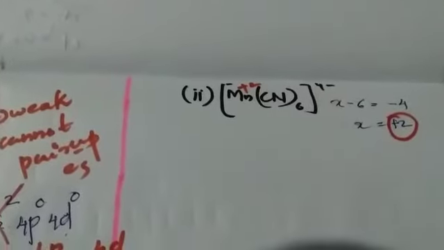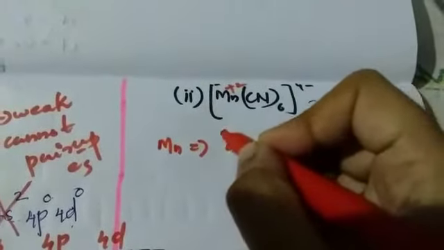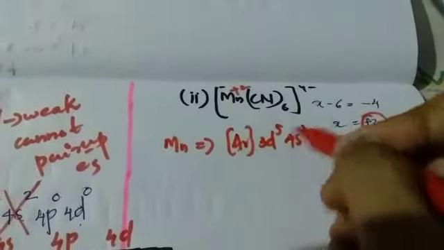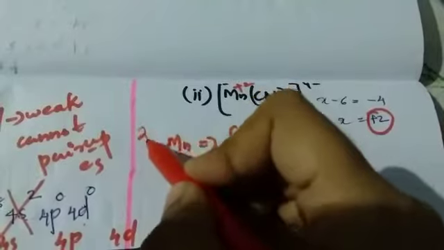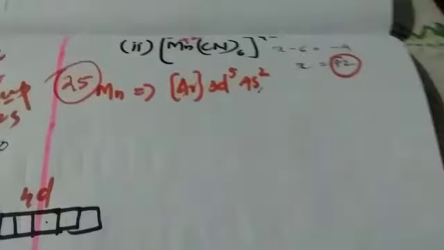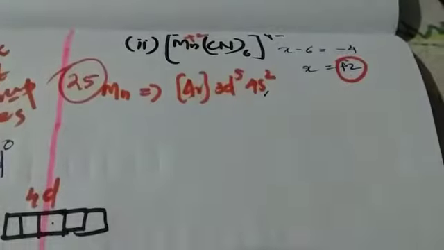Now the next step, step number 3, is to write the electronic configuration. Electronic configuration of manganese is argon 3d5 4s2. Manganese has atomic number 25. Look students, here the manganese is in +2 oxidation state.